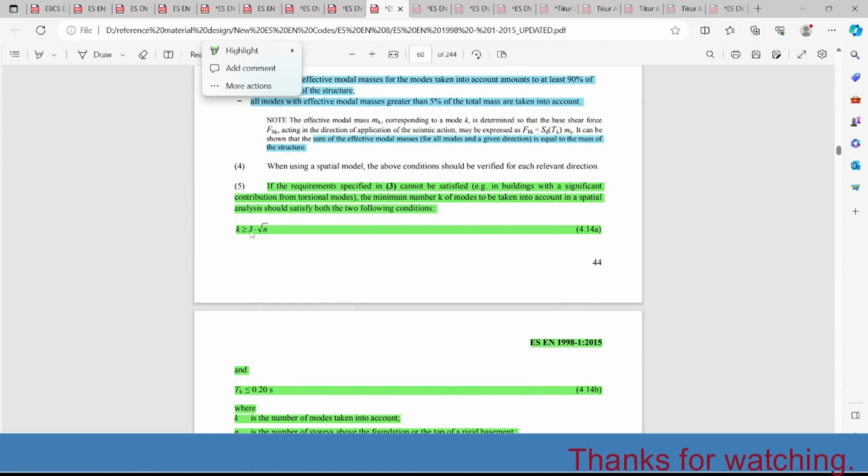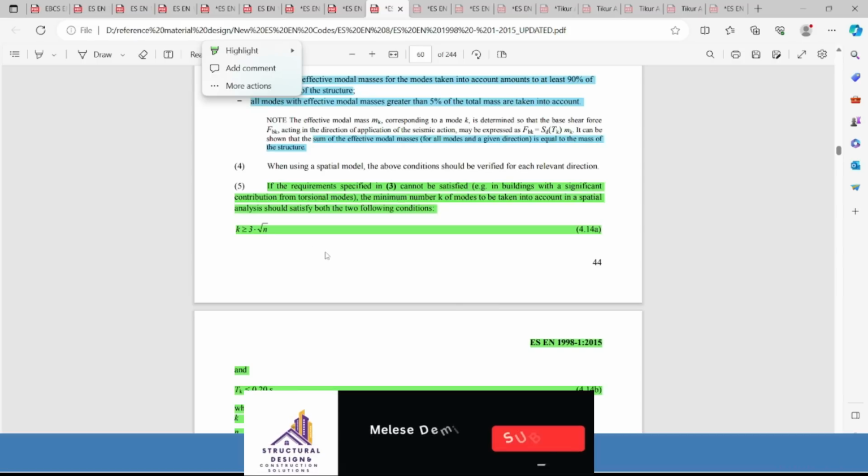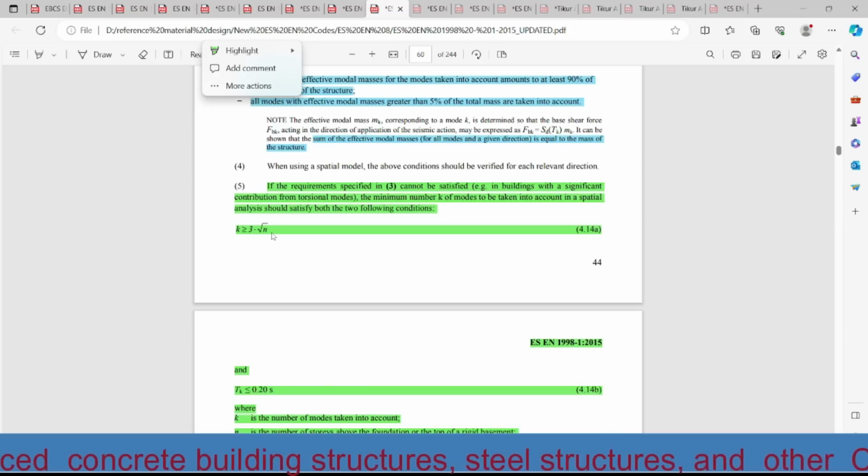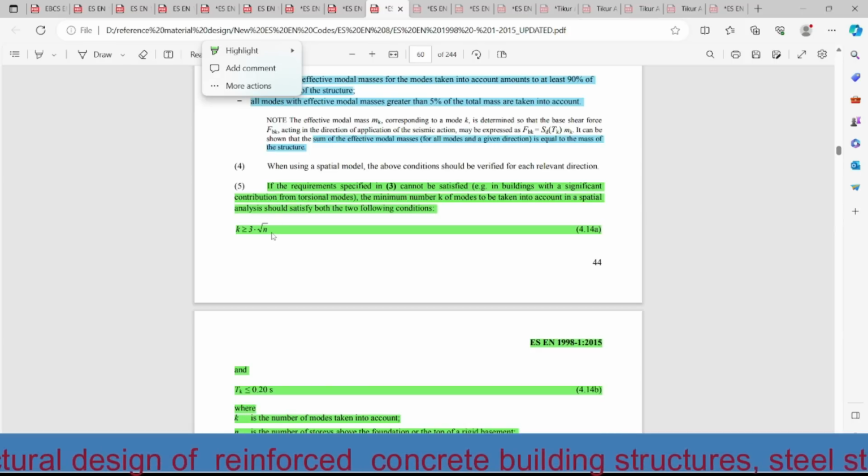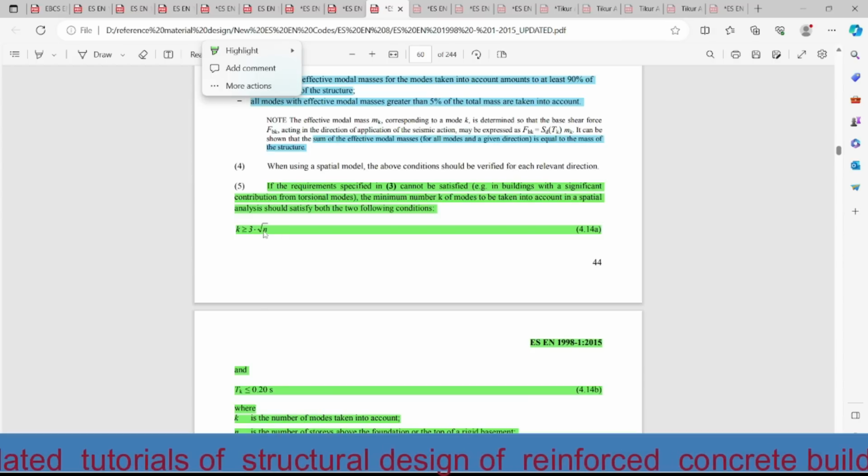That means k is greater than or equal to 3 times the square root of n. In our case, the number of stories is 20. So 3 times the square root of 20 is greater than, I think, 30 or 40.